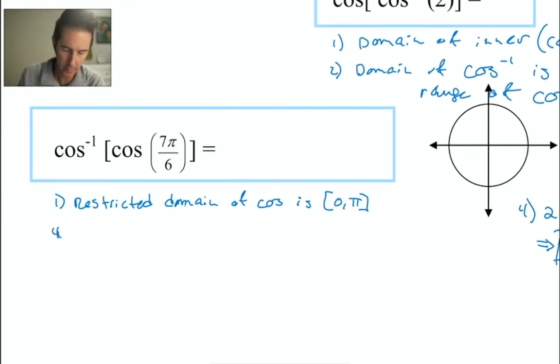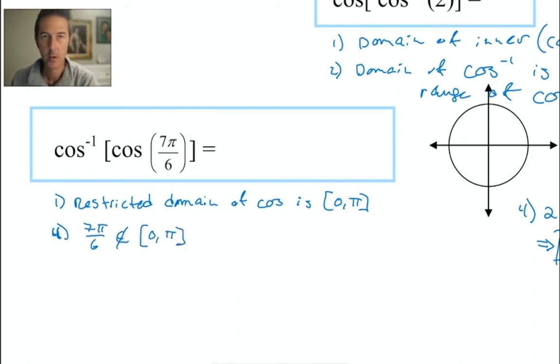Step number 4 says, or allowed us to notice, that 7 pi over 6 is not a member of the domain which is going from 0 to pi. Therefore, no solution? No. We still have some options here.